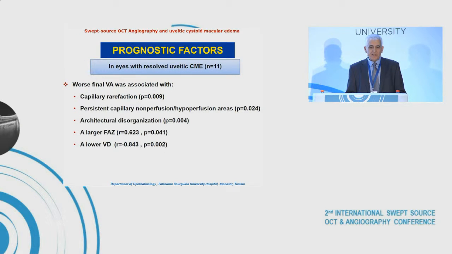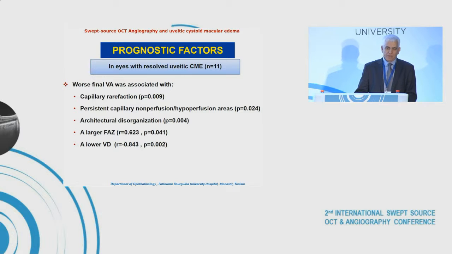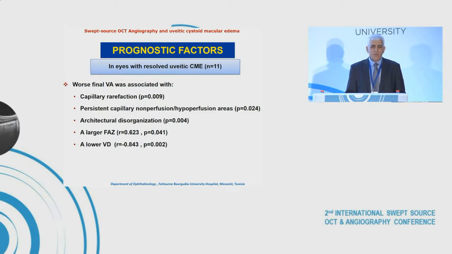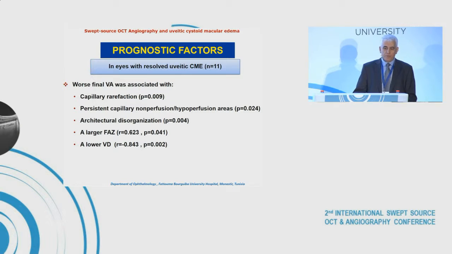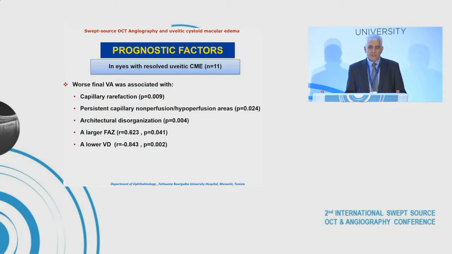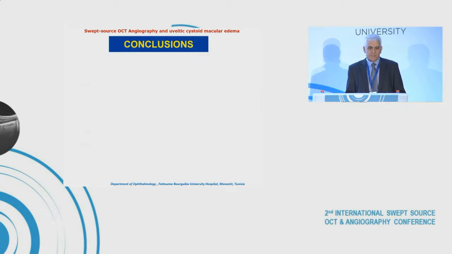In eyes with resolved cystoid macular edema, a worse final visual acuity was associated with capillary rarefaction, persistent capillary hypoperfusion, architecture disorganization, a larger avascular area, and a lower vessel density.